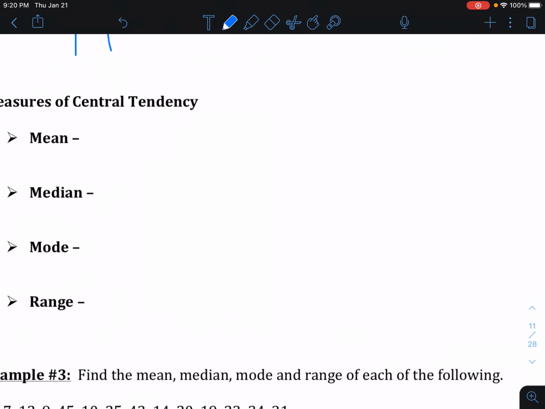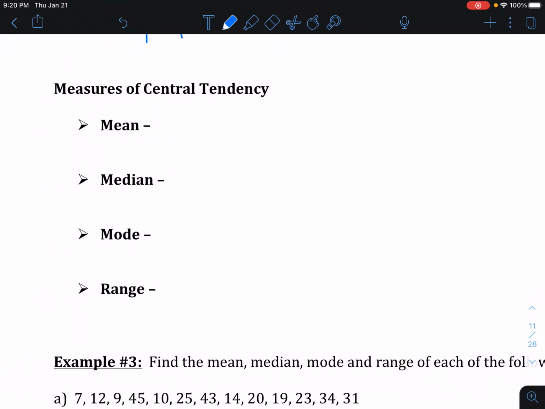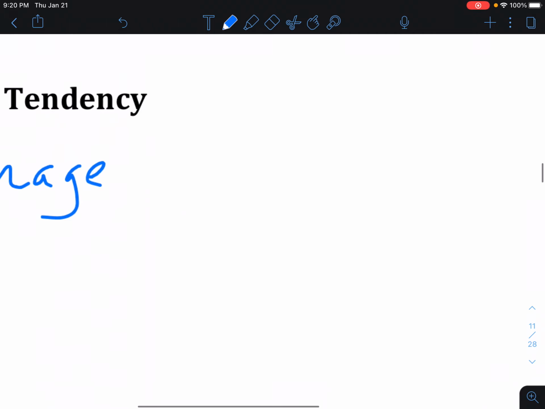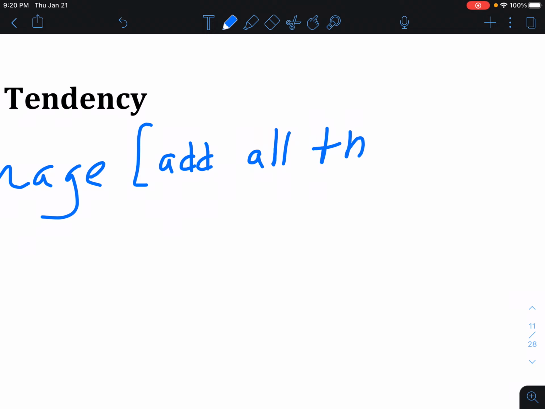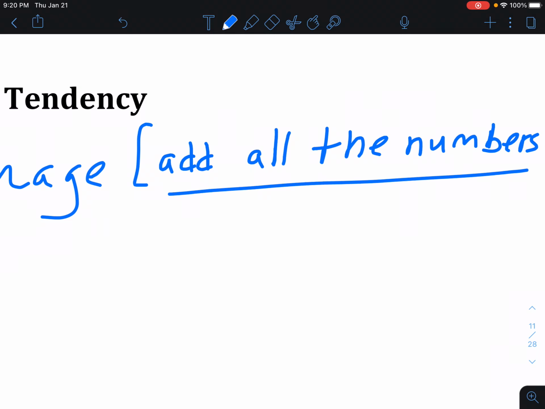Okay, next up we're going to do measures of central tendency, mean, median, mode, and range. Remember, mean is also known as the average, and that is where you add all the numbers and then you would divide by how many numbers.